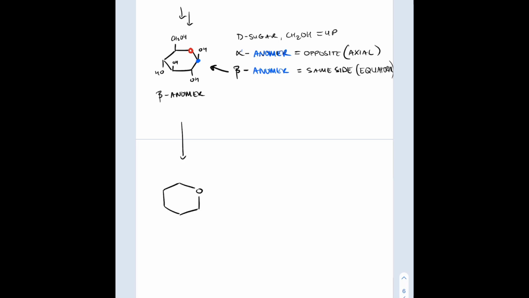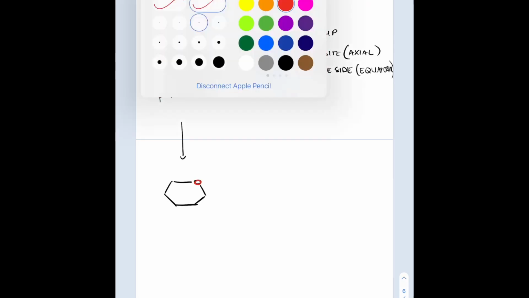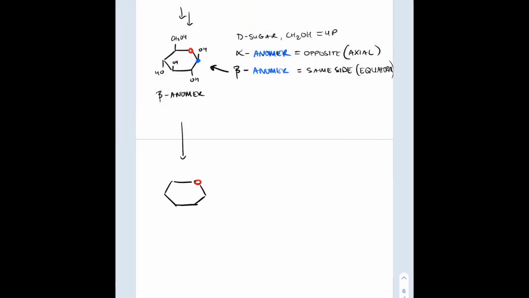Now, the Haworth projection can be converted to a sugar with wedges and dashes, and this is fairly straightforward. Any OH that goes up in the Haworth projection is going to be a wedge because it's coming out at us, and any OH going down is going to be a dash because it's pointing away from us.